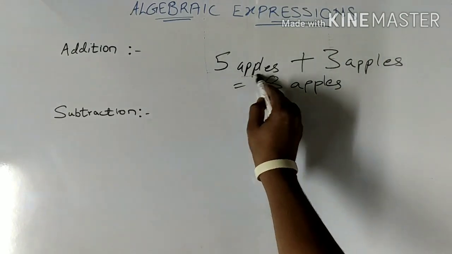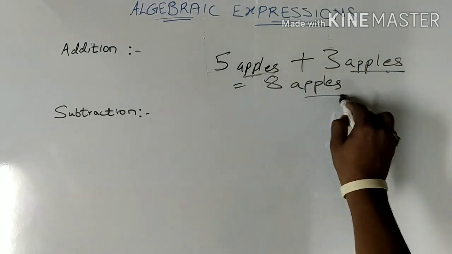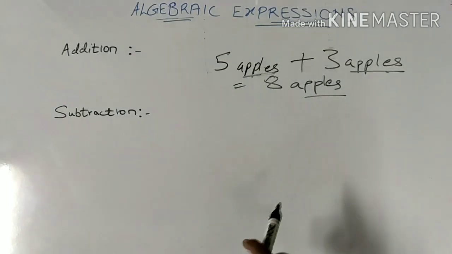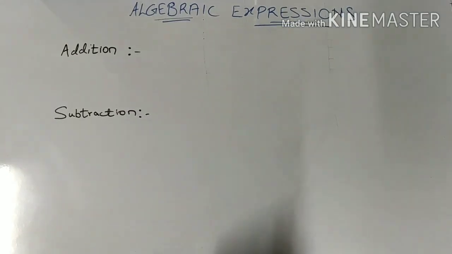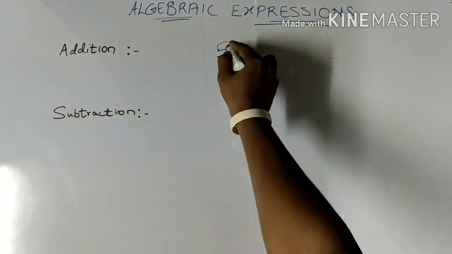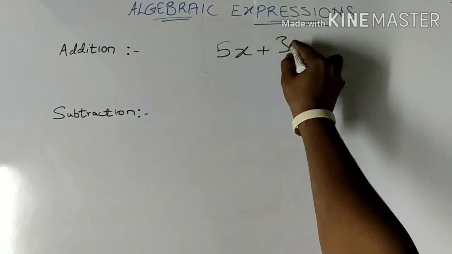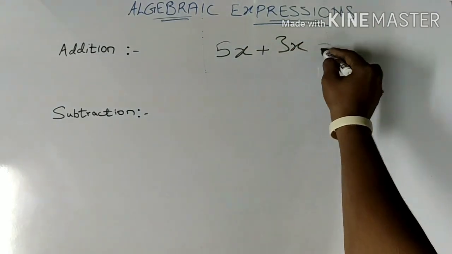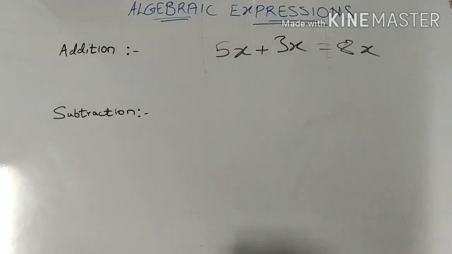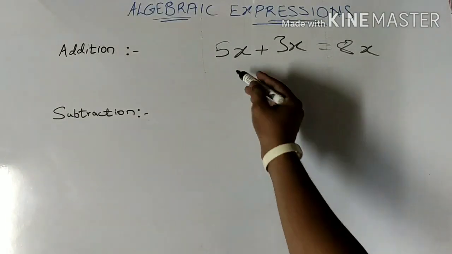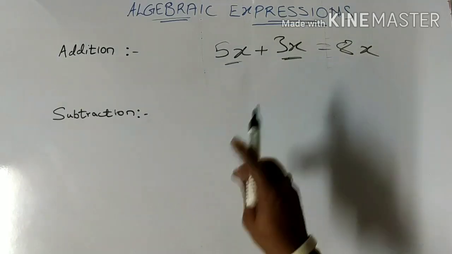So you have same things to be added. In a similar manner, 5x plus 3x is equal to 8x, so that is a simple addition of a monomial and another monomial.